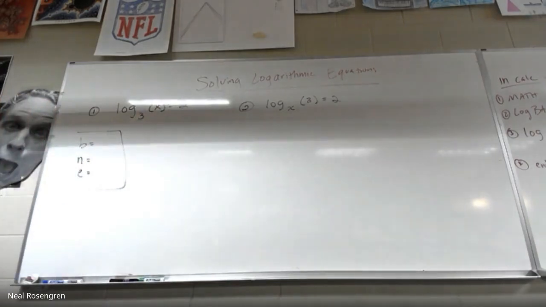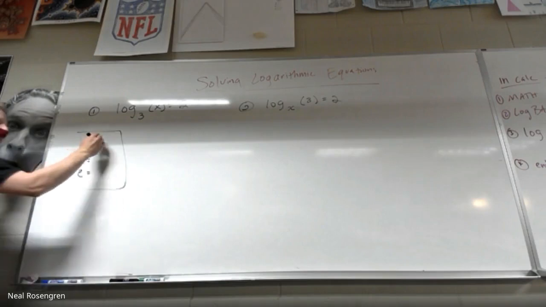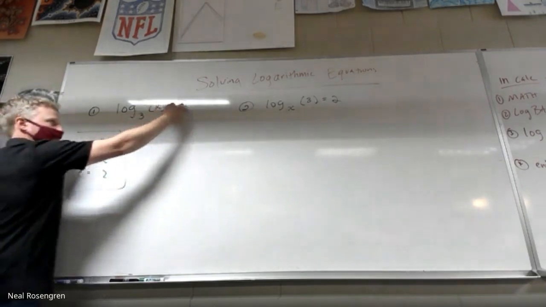We used to do b equals, e equals, then n equals, because it was exponential and it went b, e, n from left to right. Now, because it's log Ben, I'm going to put b, then n second, then e, because now I just have to say, oh, 3, x, and 2, the order that it's written.